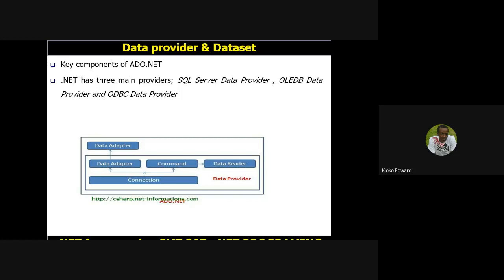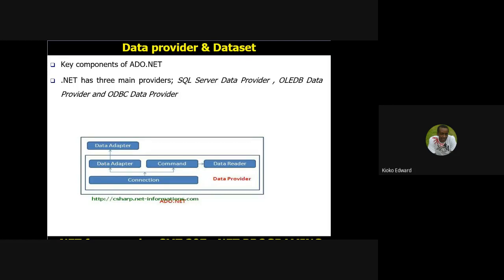One will be the native support, the SQL Server data provider. Obviously, because Visual Studio is a Microsoft product, it's going to support Microsoft SQL Server by default, and we shall be able to have a provider we call the SQL Server data provider.